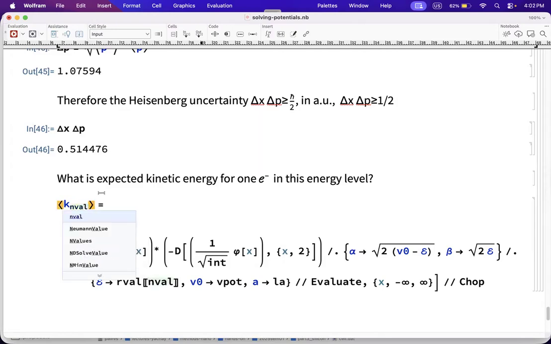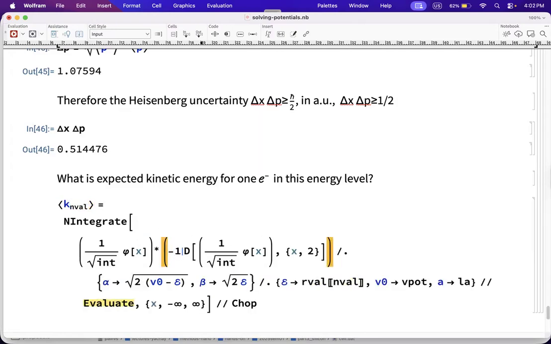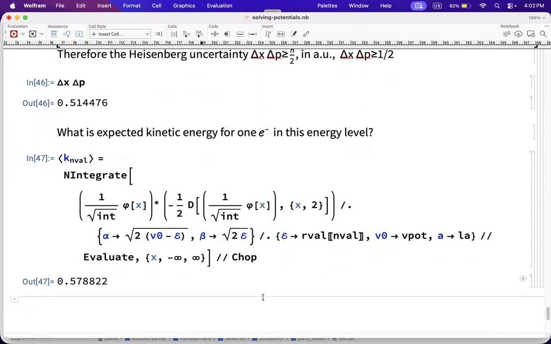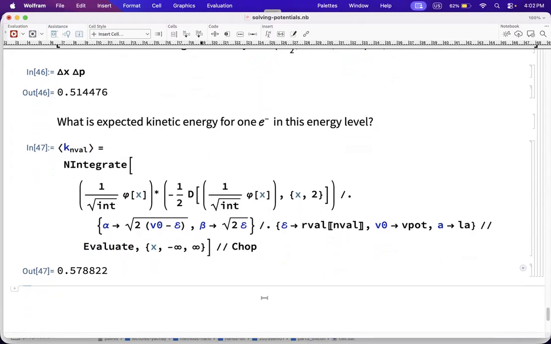K sub n val, please. And this is the integral with minus 1 over 2, you see? The second derivative is exactly the same and that's it. So the kinetic energy is this in atomic units. It will be in hartree, this energy. Try to put it like this in K sub 1.